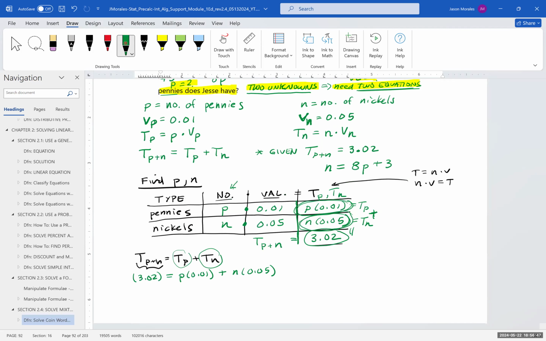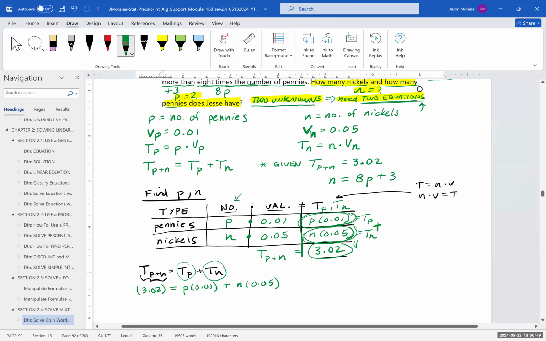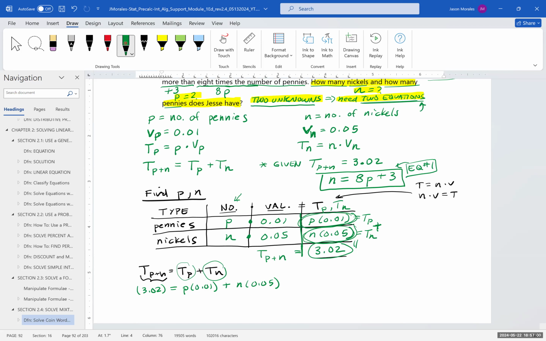So earlier we said that we're going to need two equations. Well, this one here is our first. That's equation number one. This is equation number two.